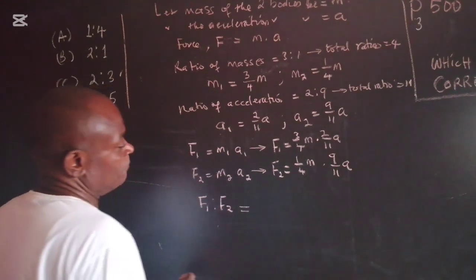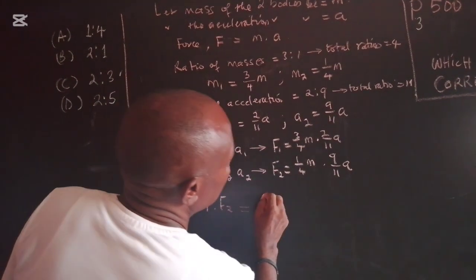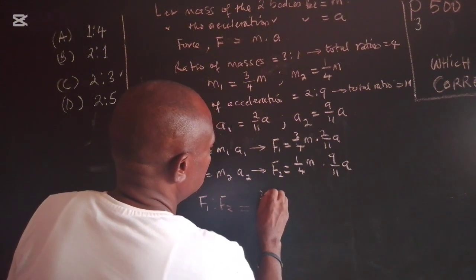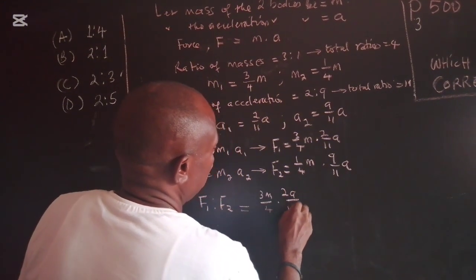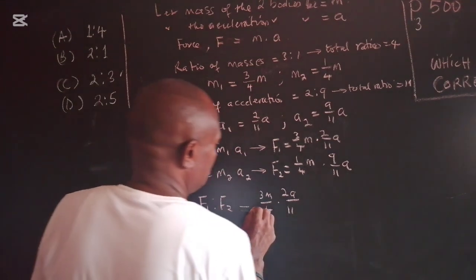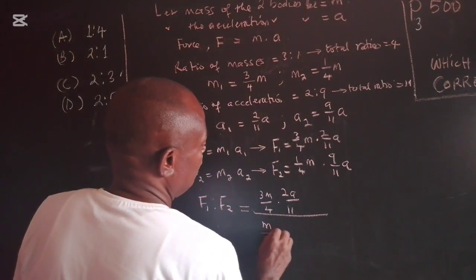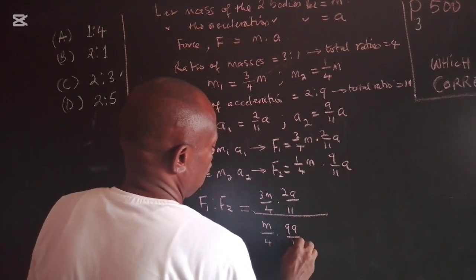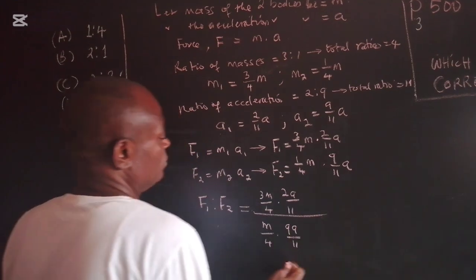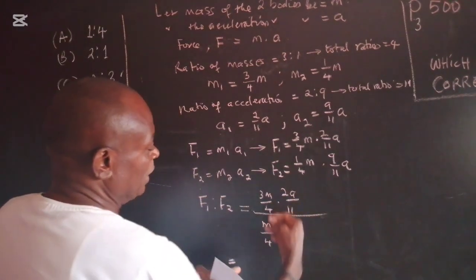F1 we will have 3m over 4 times 2a over 11, all divided by m over 4 times 9a over 11.